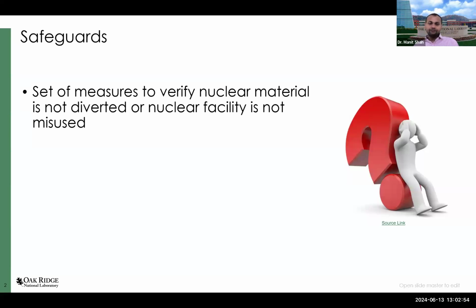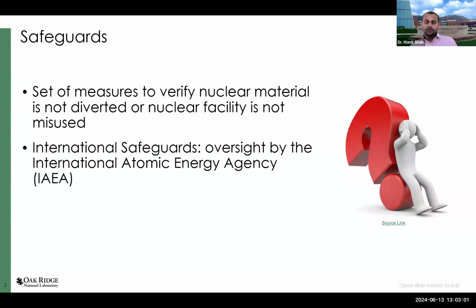The focus over here is essentially international safeguards, which are monitored by the IAEA, the International Atomic Energy Agency. While there are international safeguards in place, there are also domestic safeguards. The focus is not there, but they are essentially managed by the state or nation so as to facilitate, in some sense, the international safeguards.